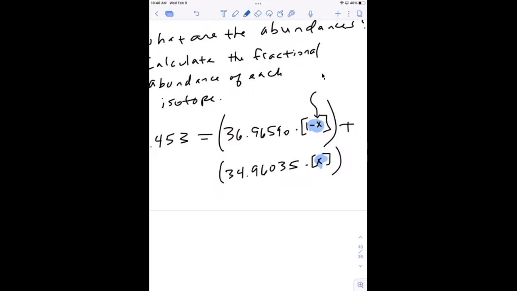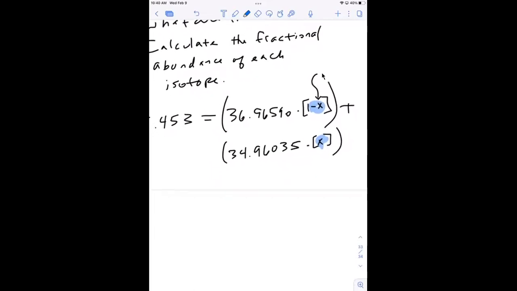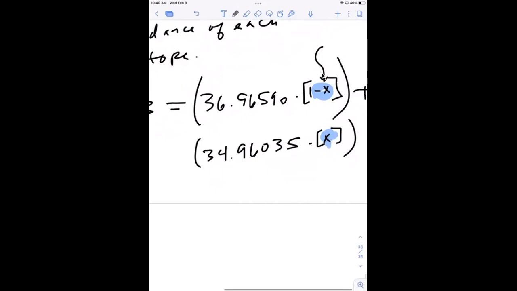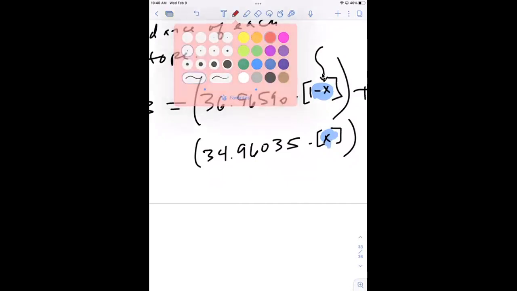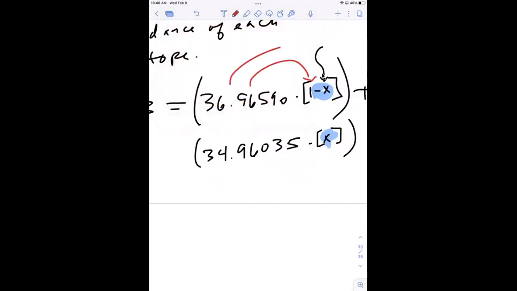All right, so let's do that. This one has to be distributed up top, so we're going to multiply it by that and by that.